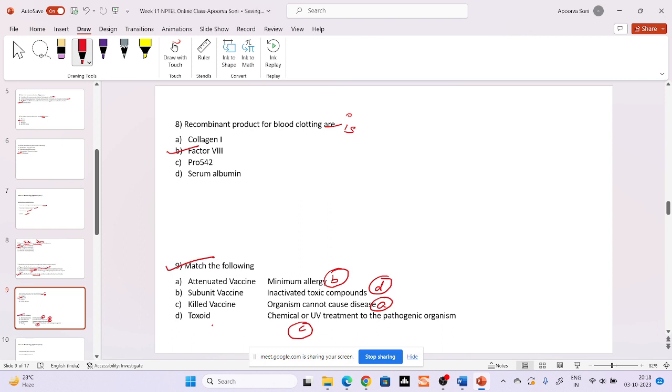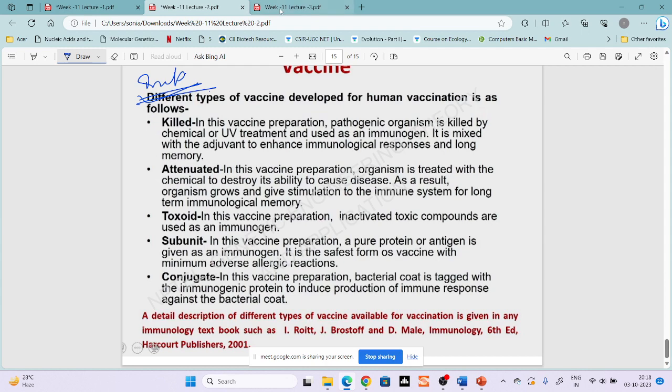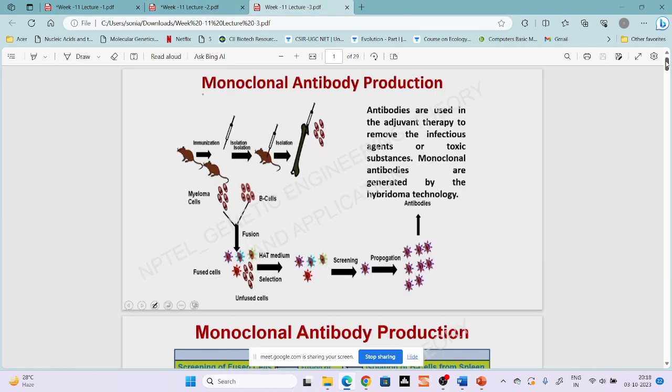Okay. So now we'll go through the last portion, where there is monoclonal antibody production and biotechnology in pisciculture. So first we'll see the monoclonal antibody. Can you differentiate between a polyclonal antibody and a monoclonal antibody?